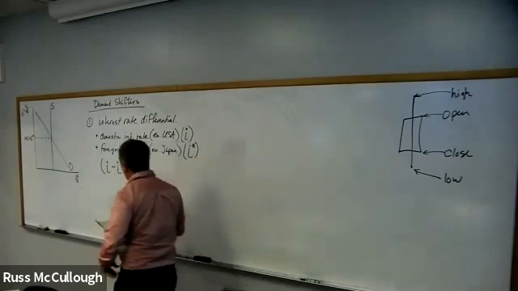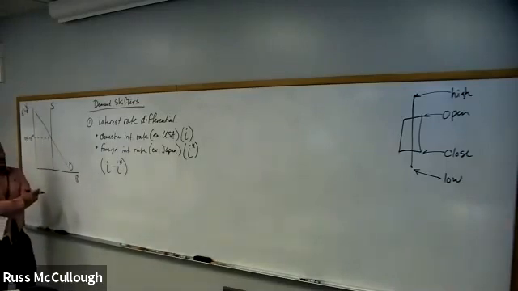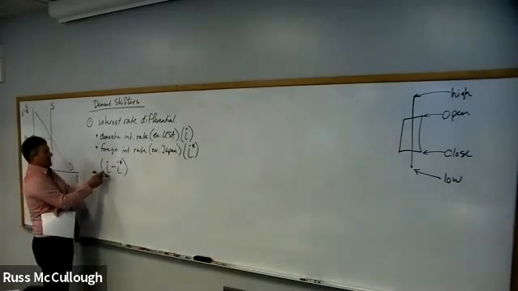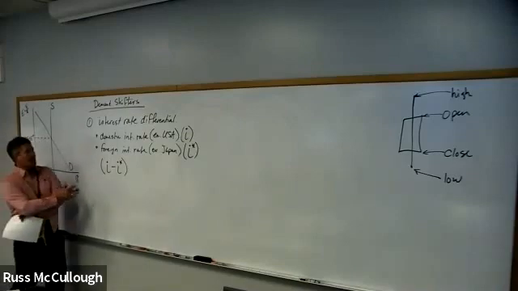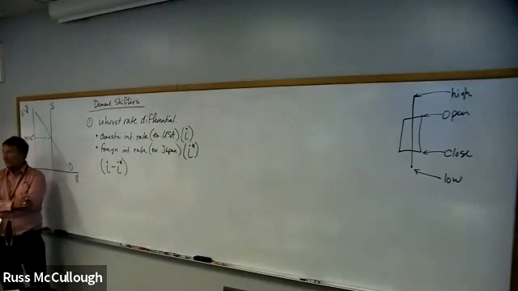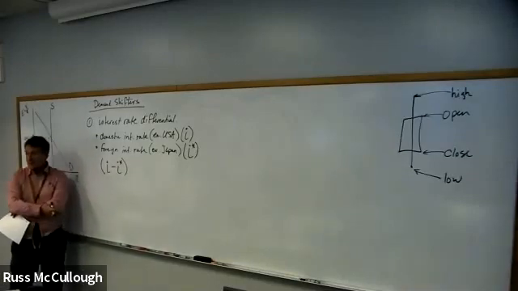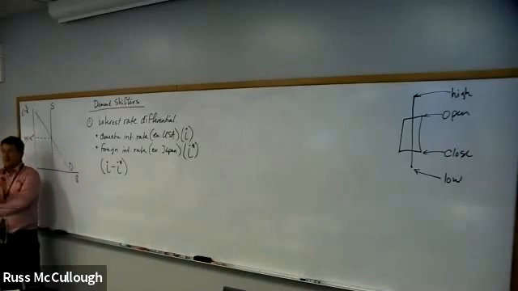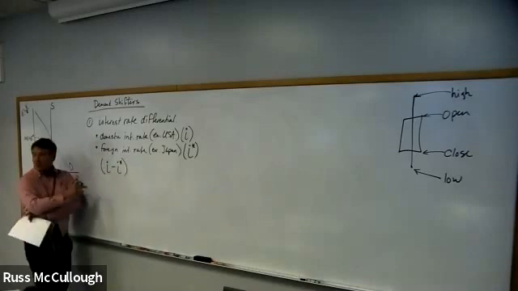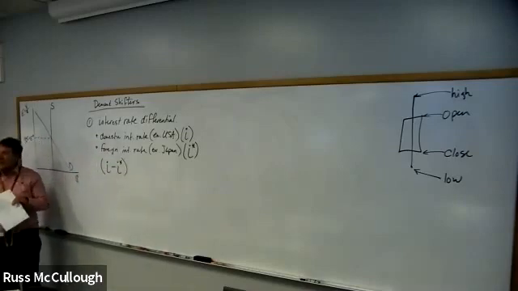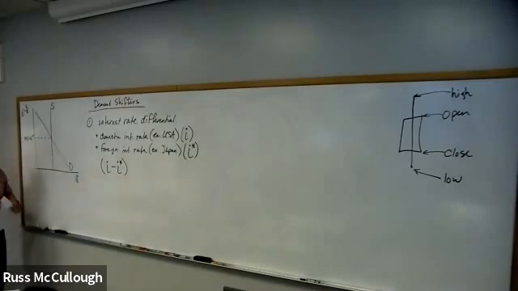All right, so now we can do some changes here. If there's an increase in the US interest rate, what happens to the interest rate differential, holding the foreign rate constant? It goes up. If there's an increase in the foreign interest rate, what happens? The difference goes down. So you're kind of following the minus sign here on whether it goes up or down, which is kind of nice.